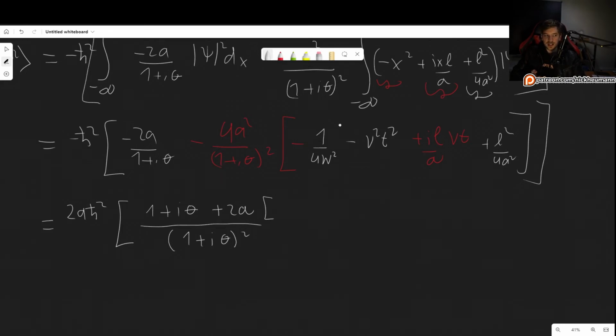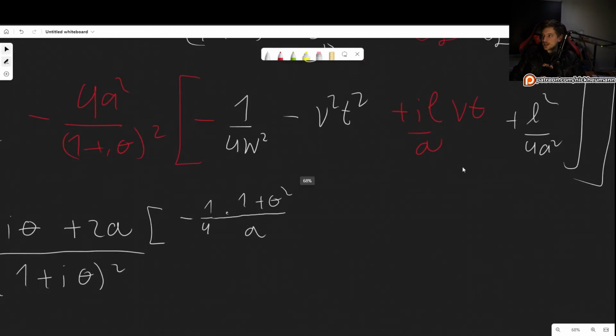Well, first of all, we can remember what w was defined as. We had defined it as the square root of a over 1 plus theta squared, right? That's what we had defined it as in the beginning of this entire thing. So for that reason, w squared, which is inside of this, is going to be, so this is minus 1 over 4, so 1 over 4 times 1 plus theta squared, and all of this is divided by a.